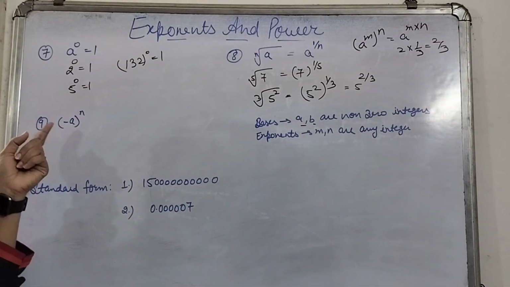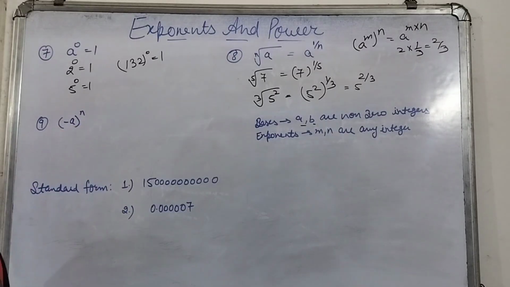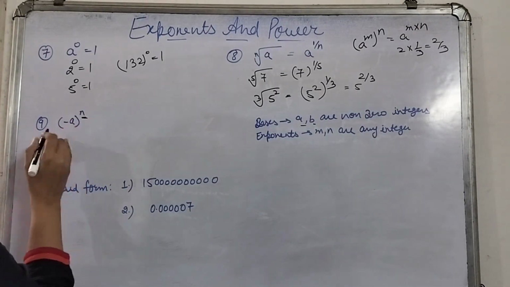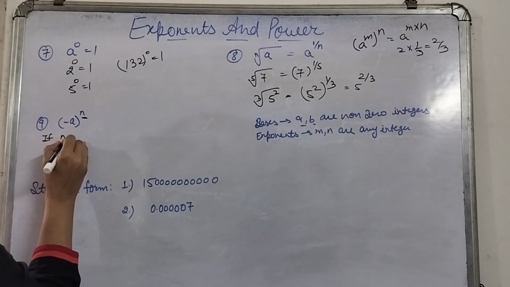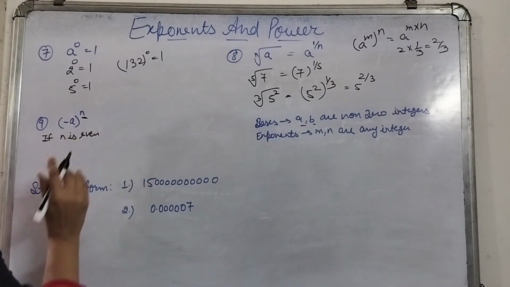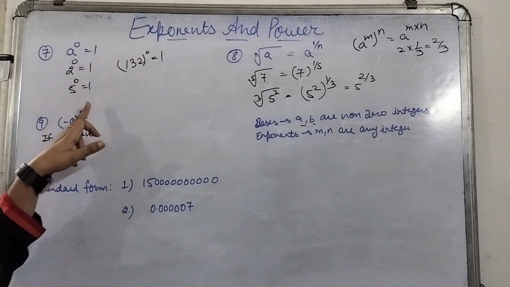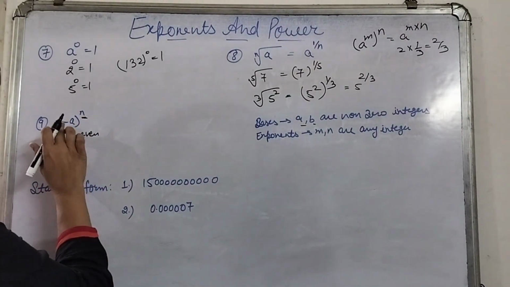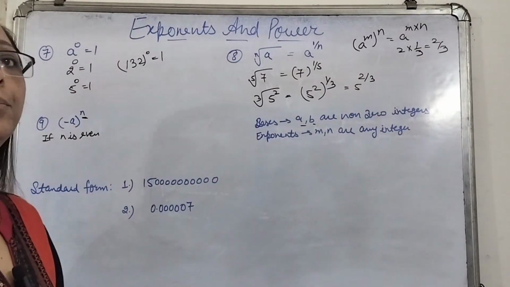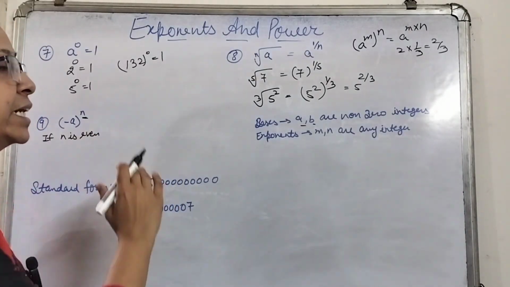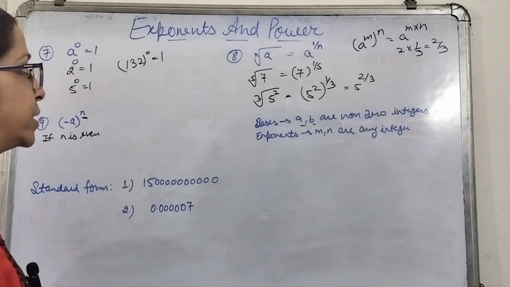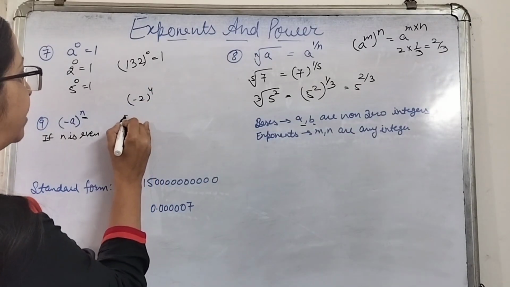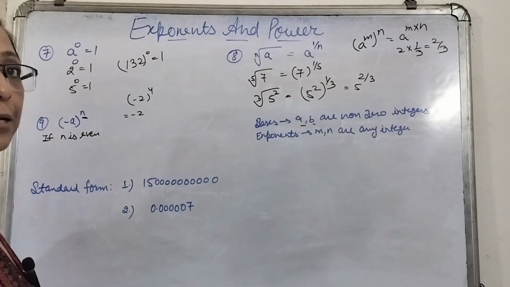Now the next is, if minus a raised to the power n, and the value of n is an even number, that means the power or exponent is an even number, then its value will be positive. The final answer will be positive, because we know that negative multiplied by negative is positive. Like if I say minus 2 raised to the power 4, that simply means minus 2 is multiplied 4 times.